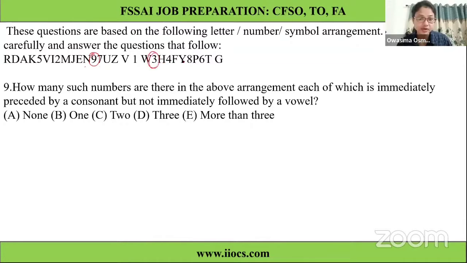Again 3, again 4, again 8, and again 6 also. So here is the 5, and 5 is also a number which is immediately preceded by a consonant and not followed by a vowel. In this way, the total number of numbers is 1, 2, 3, 4, 5, 6. So it will be more than 3.